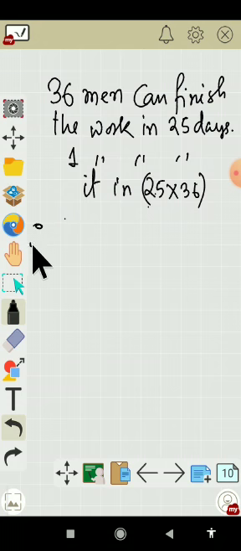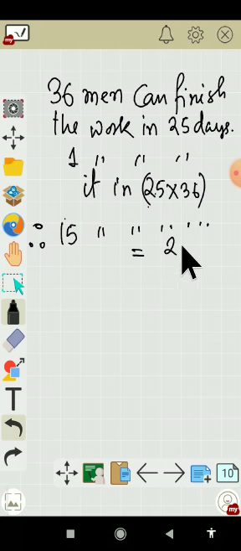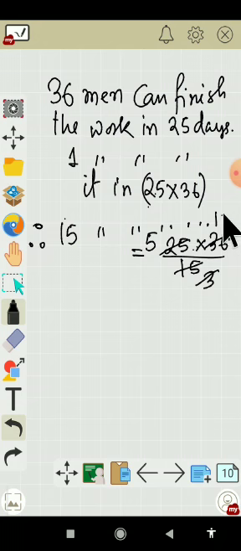Similarly, if the number of men is more, that means 15 men can finish the work in, here the number of men is more, so the number of days will be less. That means 25 into 36 by 15. So 5 threes are 15, 5 fives are 25, 3 ones are 3, 3 twos are 6, 12 fives are 60.